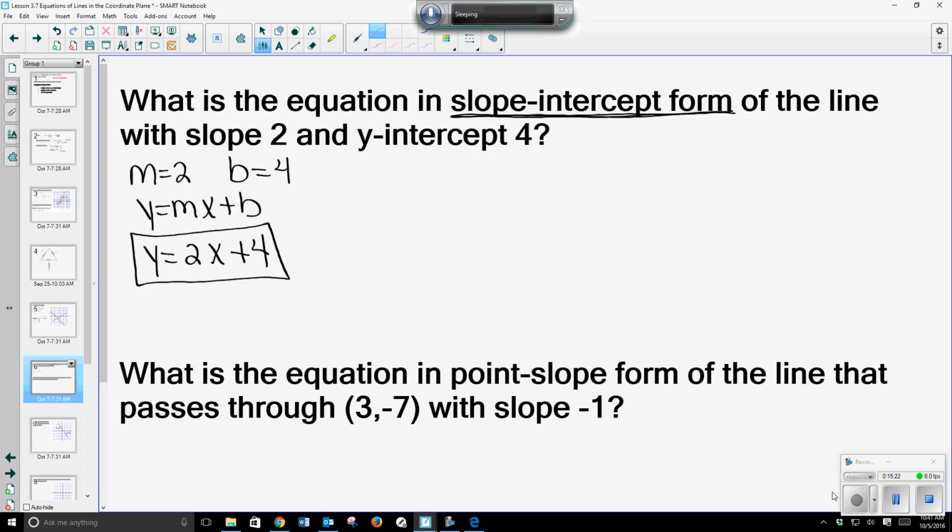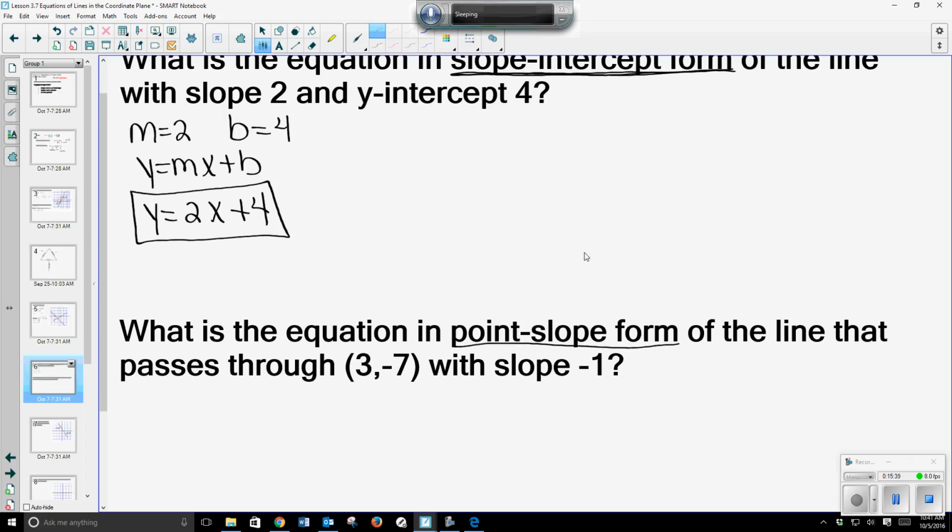The next one wants an equation in point slope form. What's the equation in point slope form of the line that passes through (3, -7) with the slope of -1? So you have the slope of -1 and a point of (3, -7). You're plugging it into point slope form.